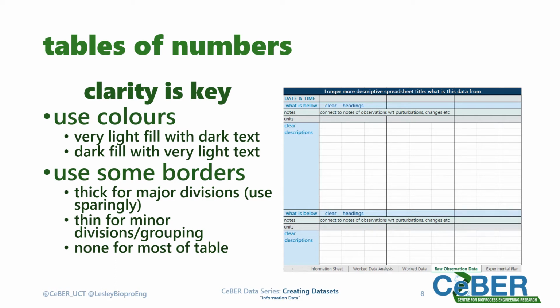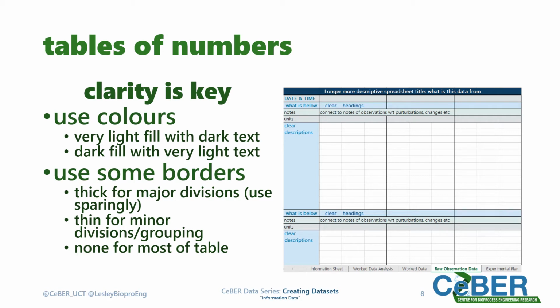Then use some borders. Use thick borders for major divisions and thin ones for minor divisions, but leave most of your table with no divisions. But use the divisions to make it clear.